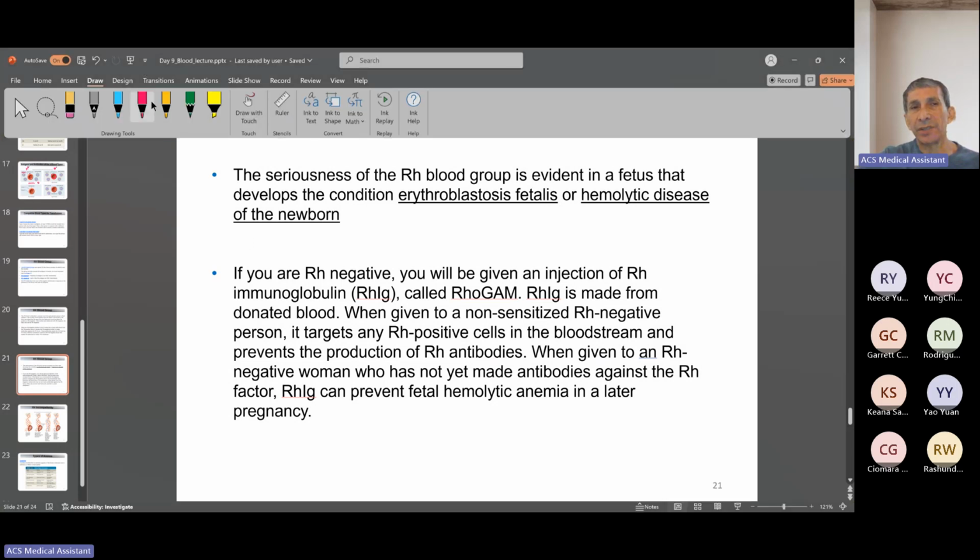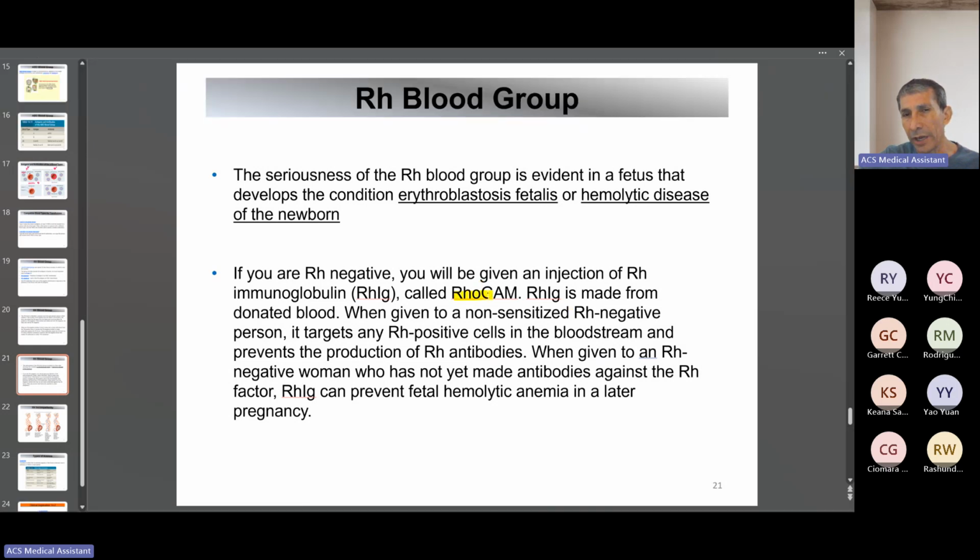Here we have the medication that the females receive when they are pregnant. See, Rogaine. And that has to be given within the first 24 weeks of pregnancy and after birth. Otherwise, to prevent fetal hemolytic anemia.